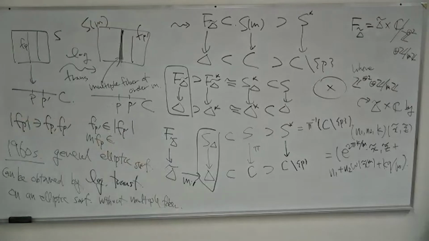For any elliptic surface, I can certainly deform the surface so that the multiple fibers are all smooth. Then I do this logarithmic transformation, and I obtain this elliptic surface from an elliptic surface without multiple fiber.